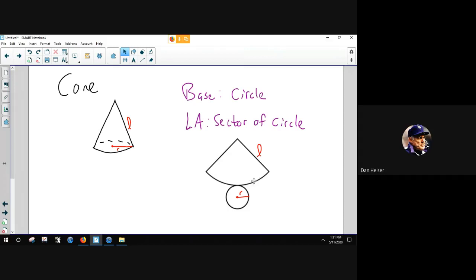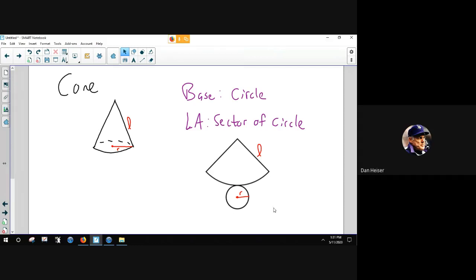This arc right here wraps around that base. So this arc here becomes this circumference. And then as this wraps around, these will eventually come together and form that cone.